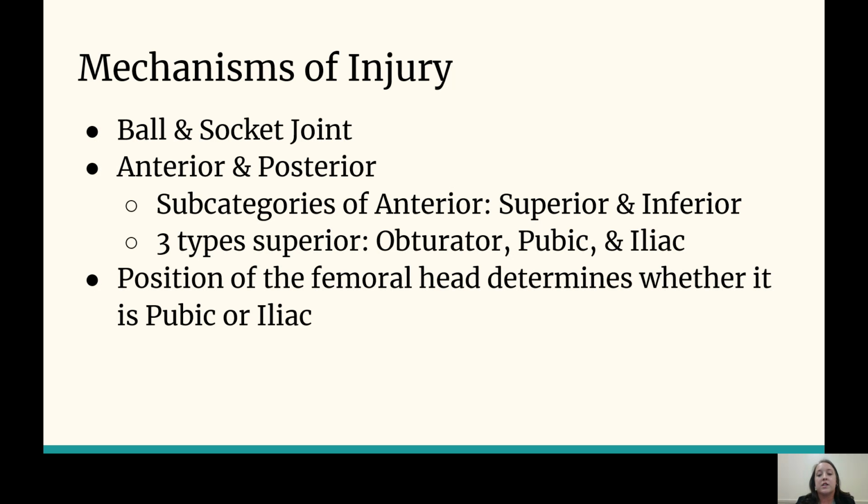In obturator dislocations, the femoral head can be seen overlying the obturator foramen on an AP pelvic radiograph. The position of the femoral head determines whether the anterior dislocation is termed pubic or iliac. The inferior type is caused by forced abduction, external rotation, and flexion of the hip.